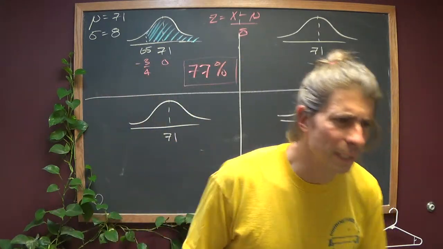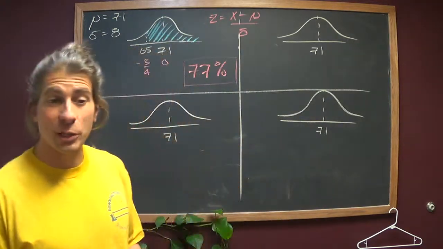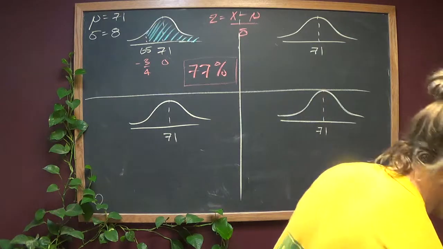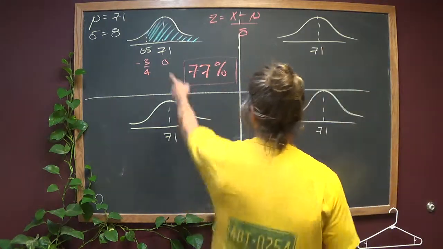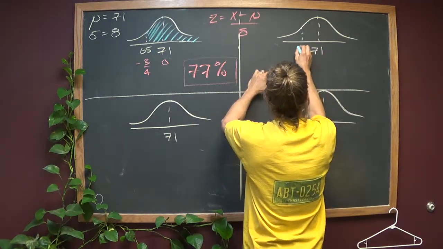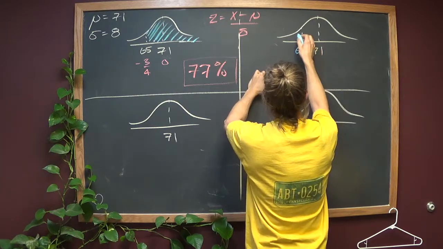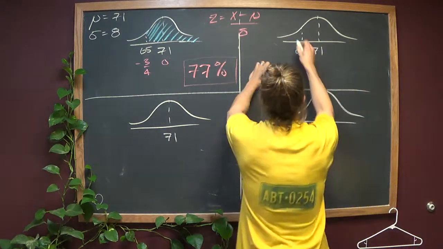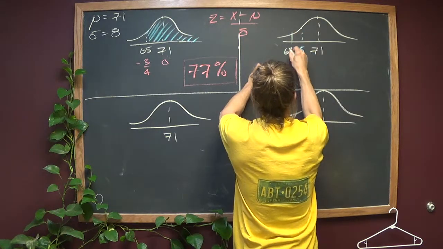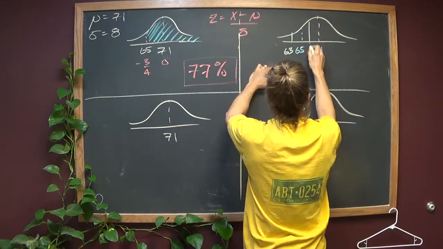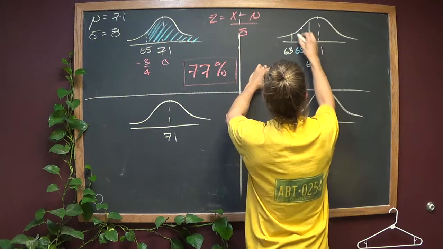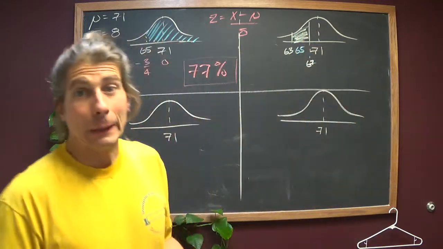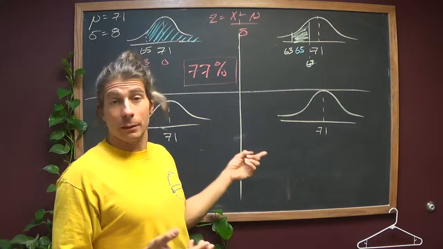Let's take a look at the next one. What percentage are traveling within 2 miles an hour of the speed limit? Okay, 2 miles an hour, so let's do this in blue. Speed limit again is 65 miles an hour. So within 2, I'm going to draw this a little bit not to scale, just to make it visible. That means we can be going as low as 63, as high as 67, or anywhere in between. And again, the key is to get z-scores.